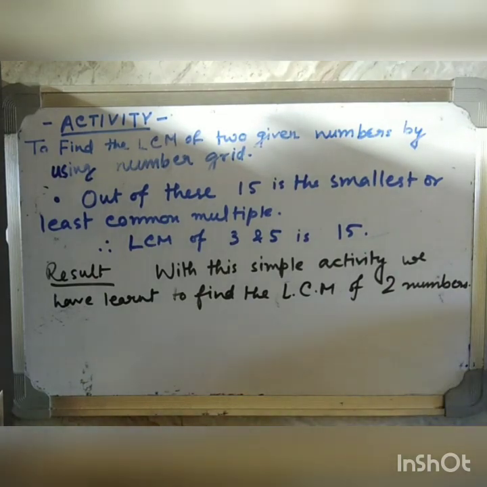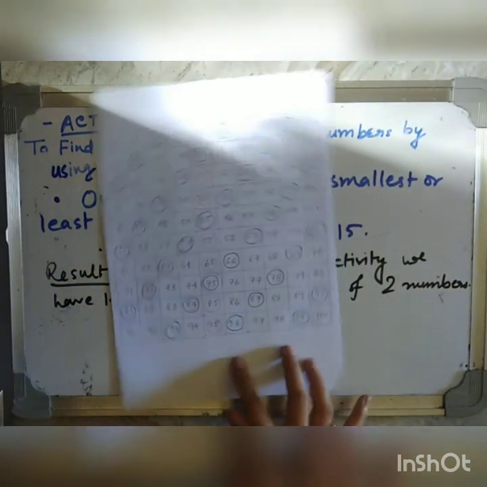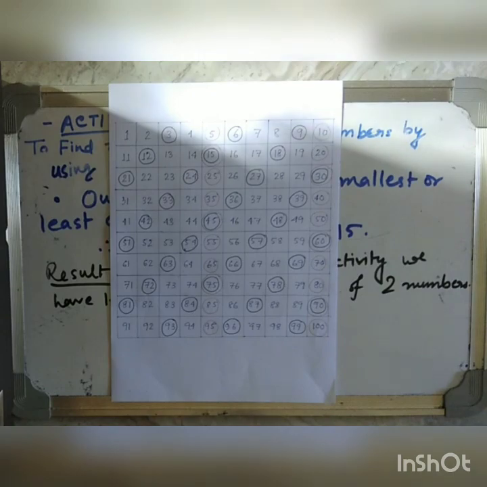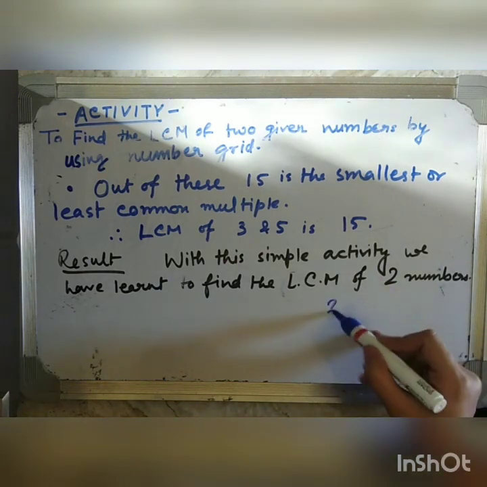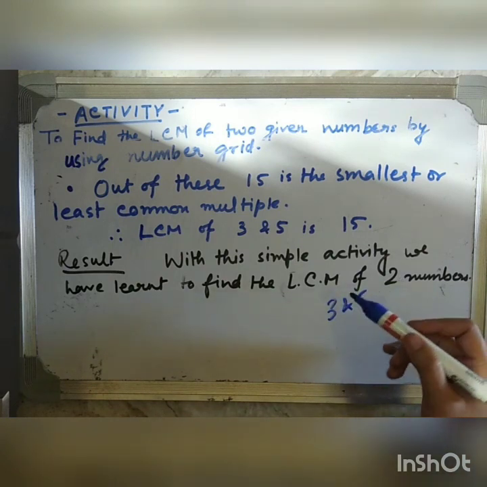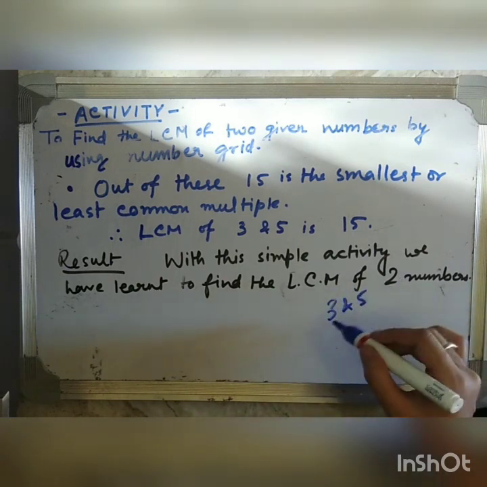Okay. Now for your convenience, I am showing this paper again to you. Now for the result we have written, with this simple activity we have learned to find the LCM of two numbers, and the two numbers are 3 and 5. Now if you wish, you can also increase the numbers.